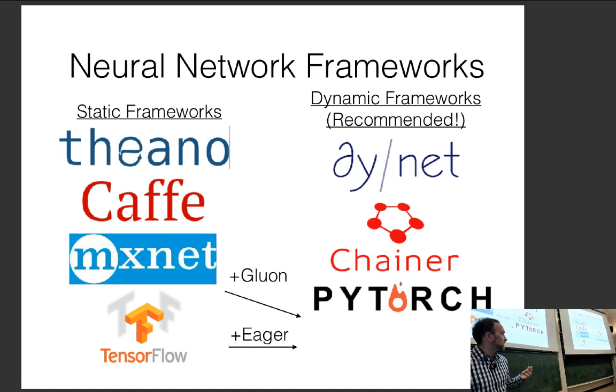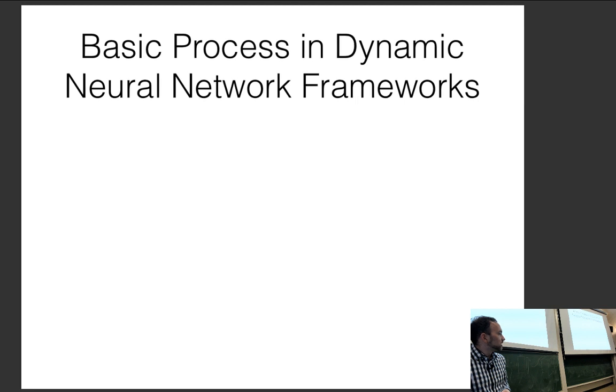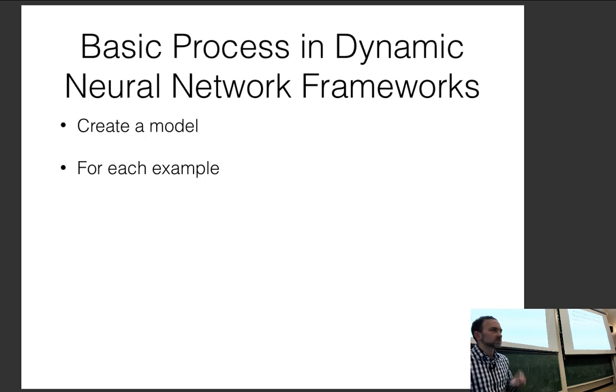I should point out that MXNet and TensorFlow both have realized that this is an important thing and now have support for this. TensorFlow 2.0 now has eager execution by default. But what do I mean by the difference between these two? There are actually two different distinctions here.